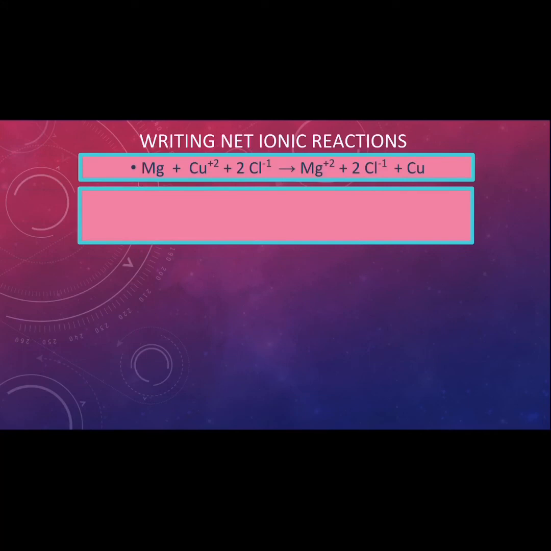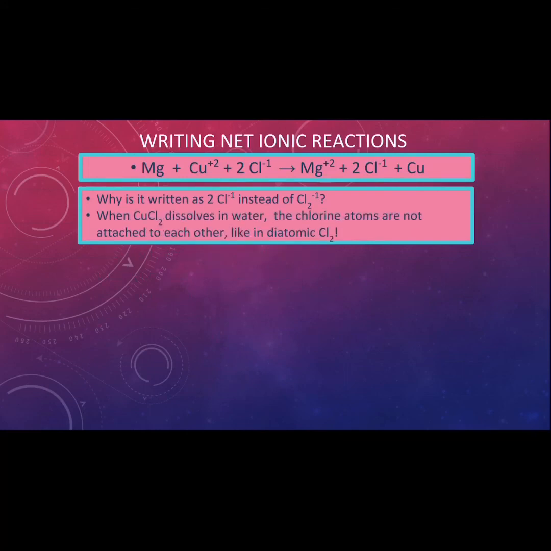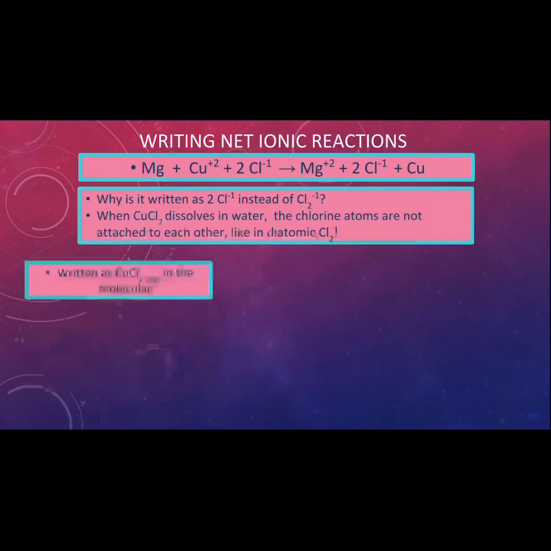Okay, so again, here's my ionic reaction. Let's make it into a net ionic reaction. It's also important to note why we write that 2 as a big 2 as a coefficient instead of Cl2 with a little 2. When CuCl2 dissolves in water, the chlorine atoms are not attached to each other like in diatomic chlorine, okay?